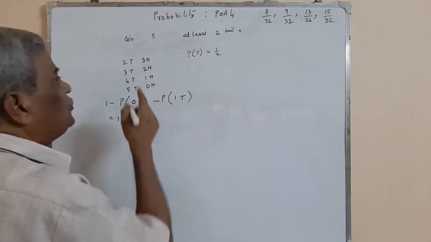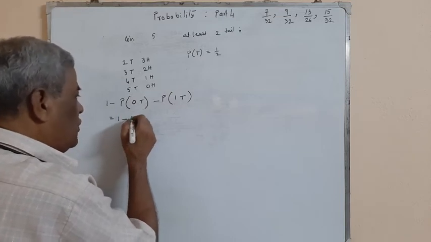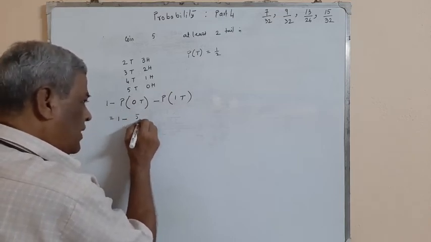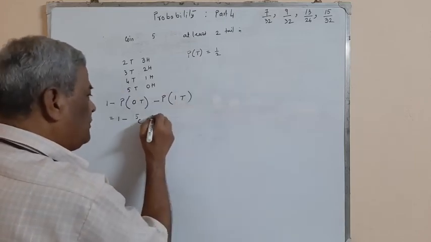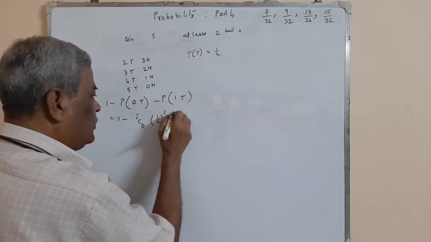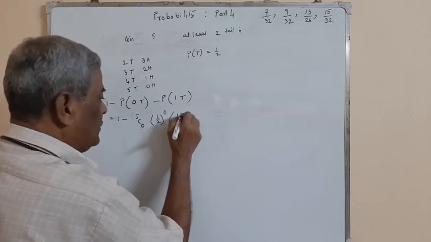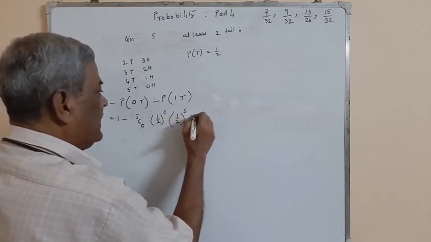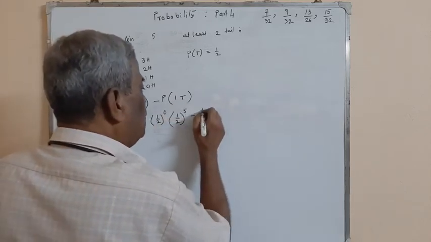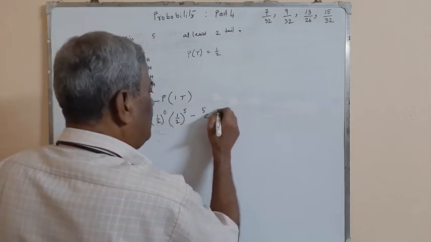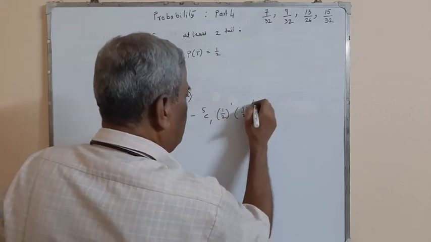In binomial distribution out of 5, the probability of zero tail is 5C0 half to the power 0 into the probability of getting failure, that is half to the power 5, minus the probability of one tail, which is 5C1 half to the power 1 into half to the power 4.